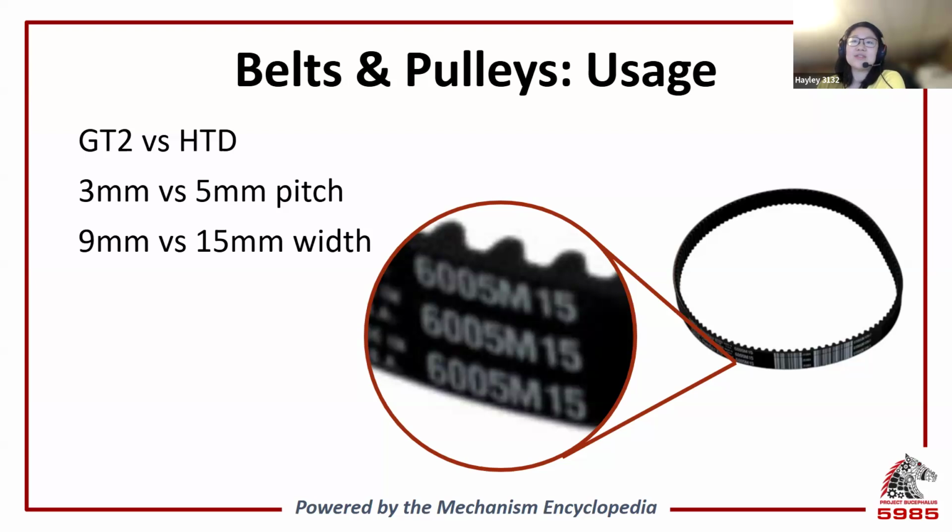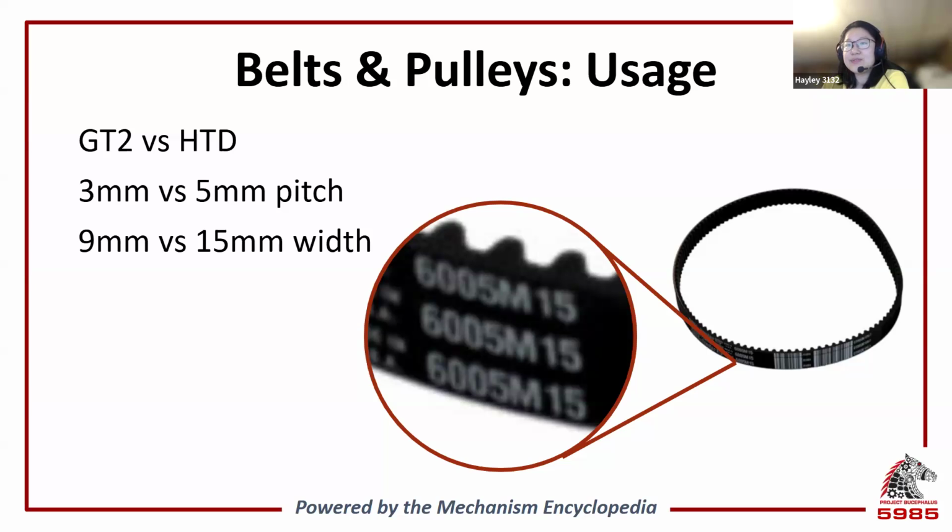Unlike chain though, belts come in set sizes, and so you have to make sure that the center distance between the two pulleys is precise or properly tension the system via other means. On each belt, there will be a series of numbers which can be used to identify the pitch, width, and size of the belt.